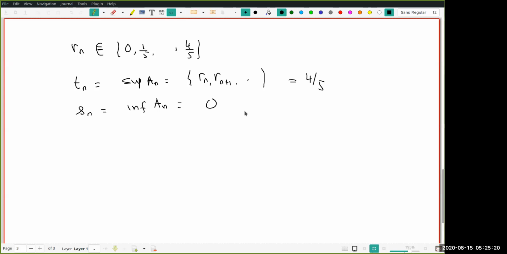Therefore, T_n is again a constant sequence 4/5, and S_n is the constant sequence 0.